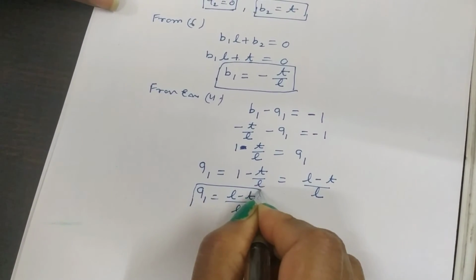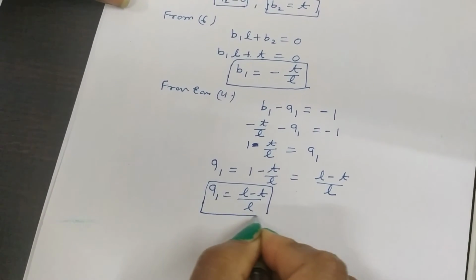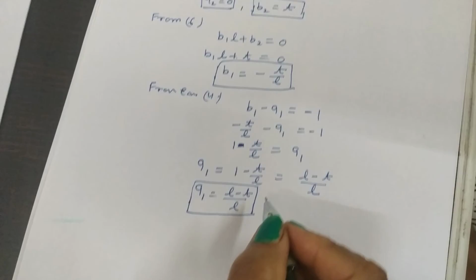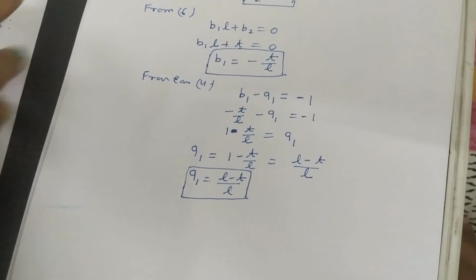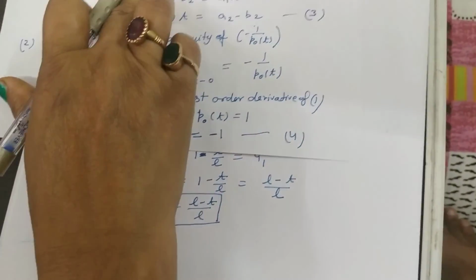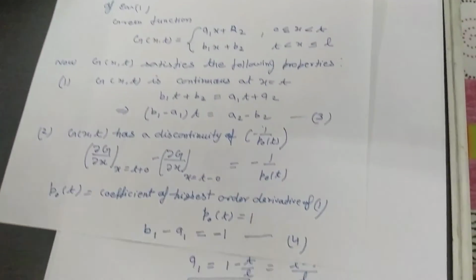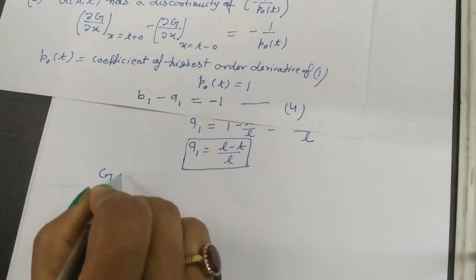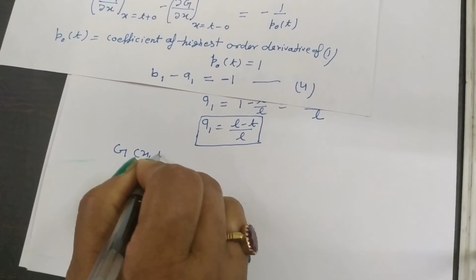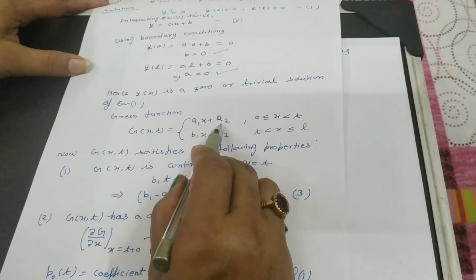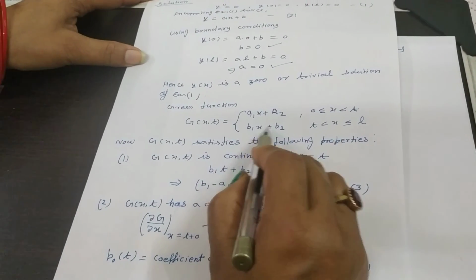So you have obtained all the constants, because the Green's function in the problem is given as g(x,t). It can be written as a1 x plus a2, b1 x plus b2.